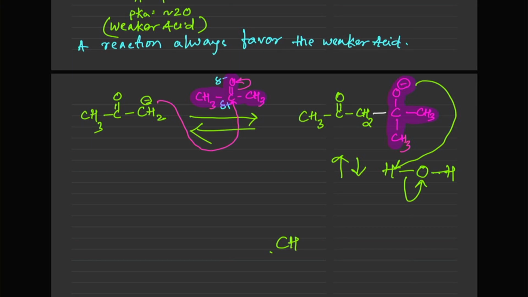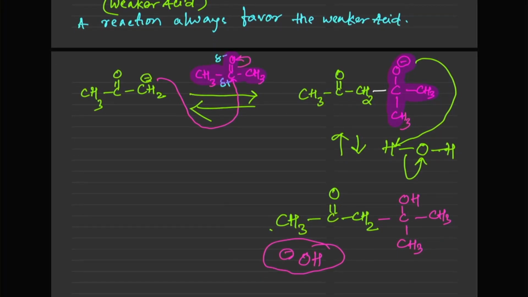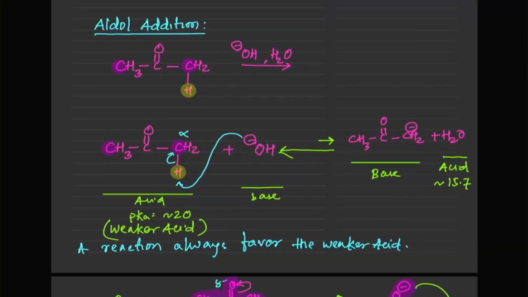So eventually it's going to get neutralized, CH3CO, CH2, and next one is COH, CH3, CH3, and then you recreated the OH minus. So that's why OH minus is regenerated at the end of the reactions, and this OH minus would be utilized again. So the cycle continues.